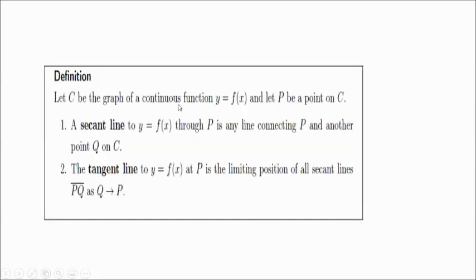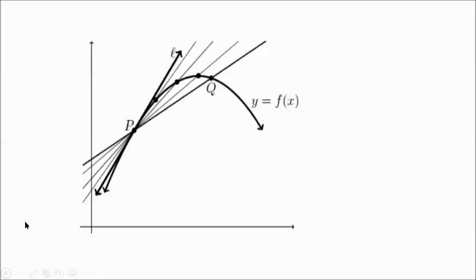Yung PQ, as Q approaches P. Try to remember yung limit, di ba? Merong limit of the function as x approaches a constant. So dito, yung limit ng mga secant lines as Q approaches P. So yun yung tangent line.